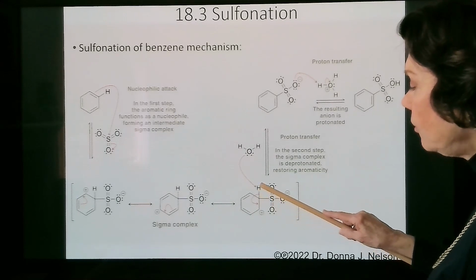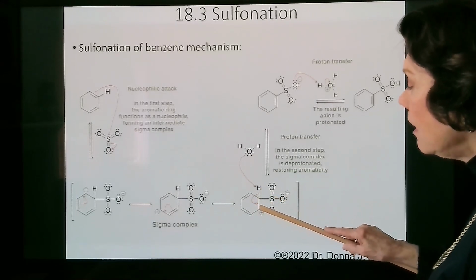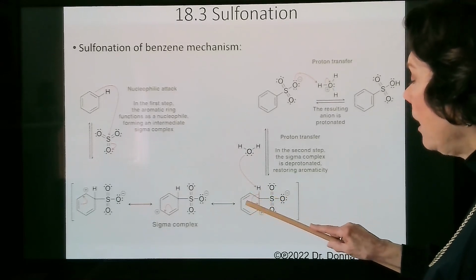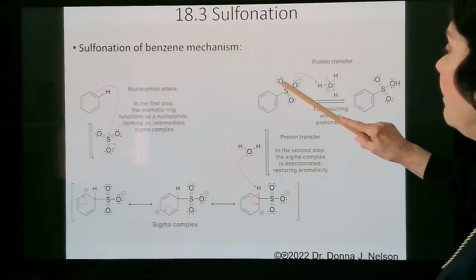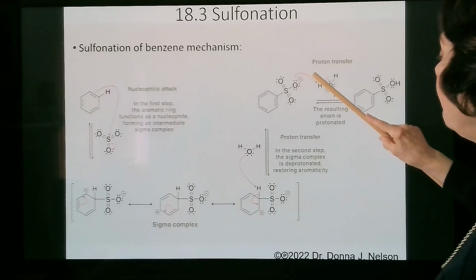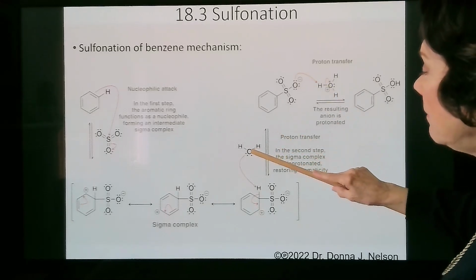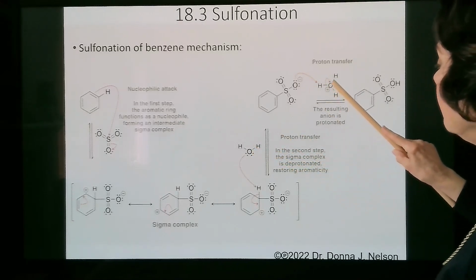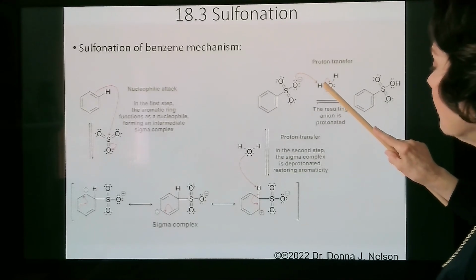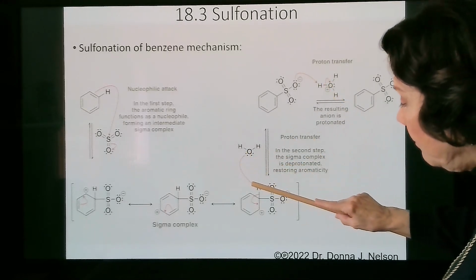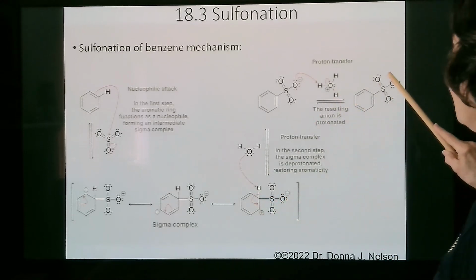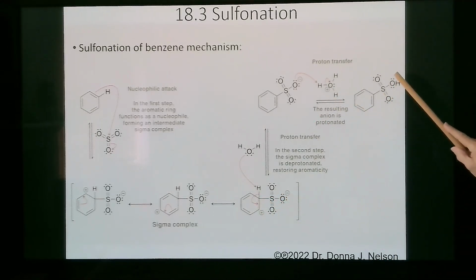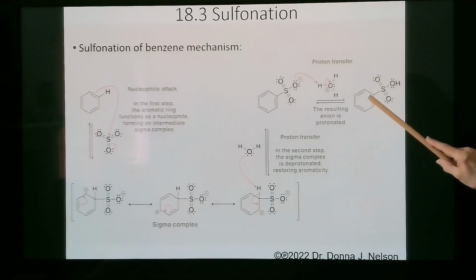The pair of electrons in the CH bond moves back in to satisfy the positive charge and restore the aromaticity. Then the sulfonate group picks up a proton from the protonated water, the oxonium ion, which pulls the proton off of the sigma complex, and so that gives you the functionalized benzene ring.